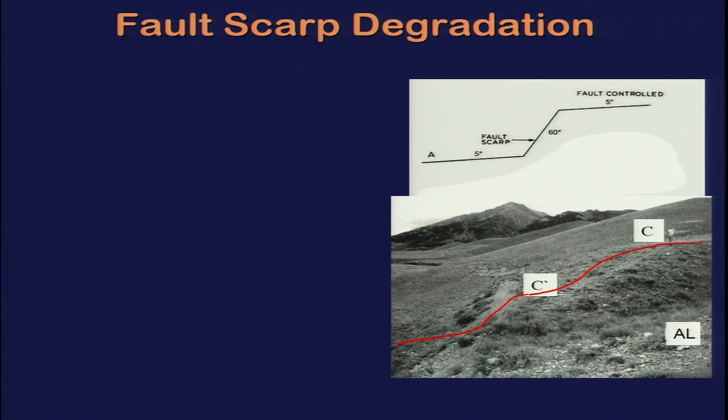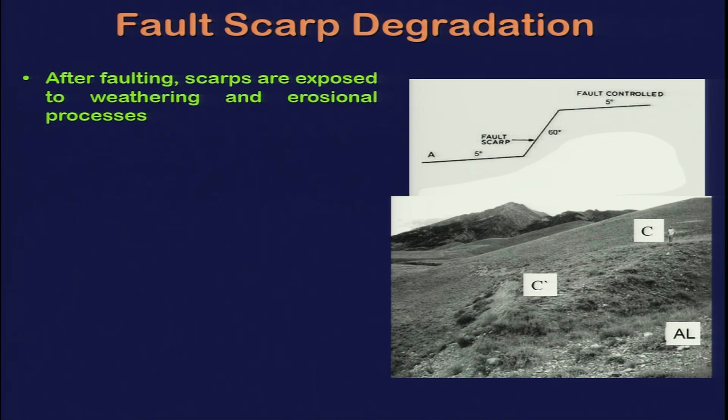So if you compare this and this one, you will be able to judge that, because this is a recent displacement, initially you will have a very sharp free face or free fault scarp, but over time due to erosion you will have a very smooth surface which will develop because of erosion and deposition. Okay.